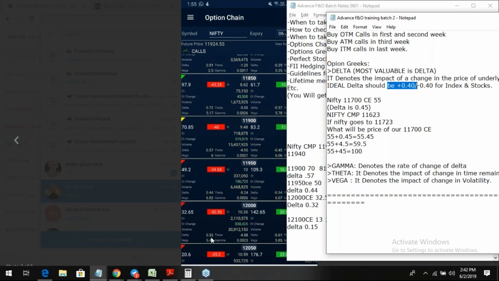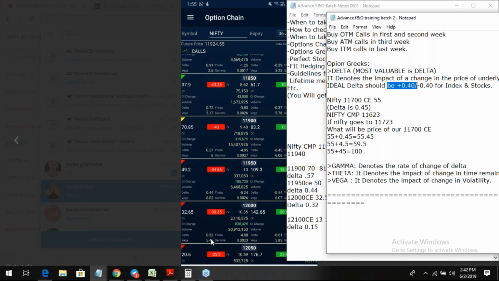There are a lot of advisories or tips in the market. They don't have any knowledge. They just tell you to buy a 5 rupees call, 3 rupees call, 7 rupees call. They don't understand what delta is. And we buy 100 lots, 50 lots, because we know the price is very low.